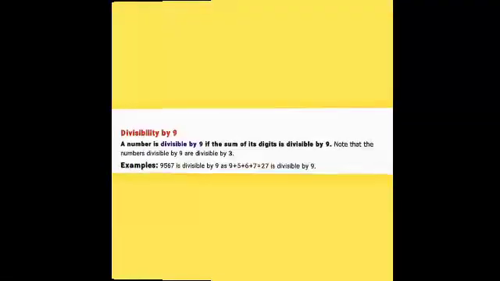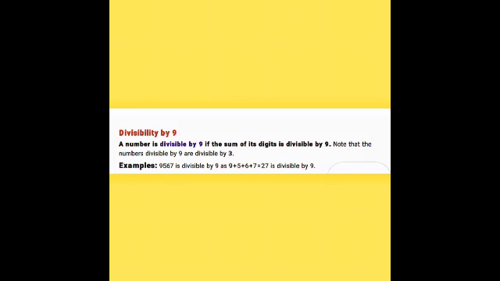Yes. Move on to the next, test of divisibility by 9. Here, a number is divisible by 9 if the sum of its digits is divisible by 9. If we add all the digits of a given number, the answer must be divisible by 9, so that the whole number is divisible by 9. That is the rule.